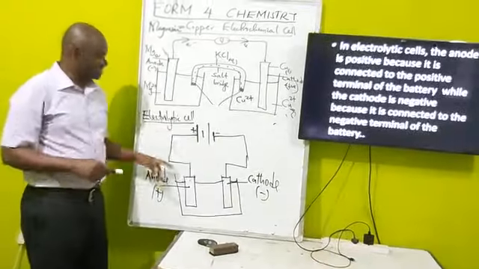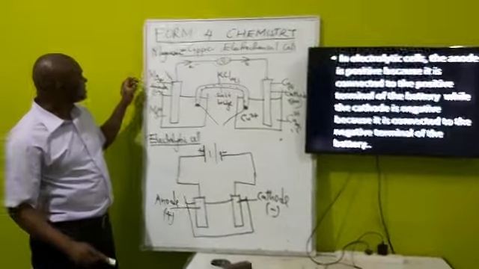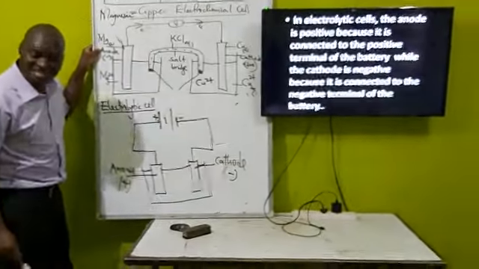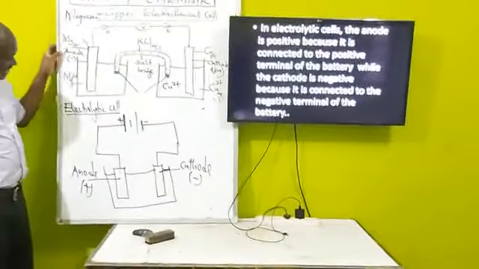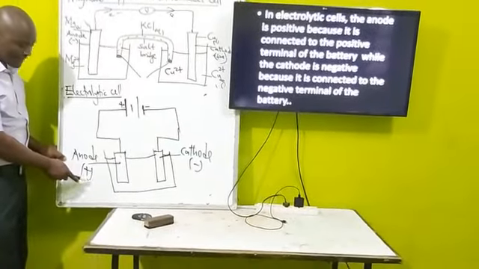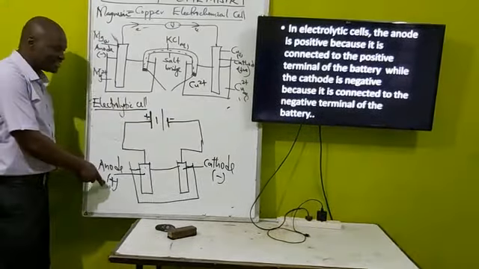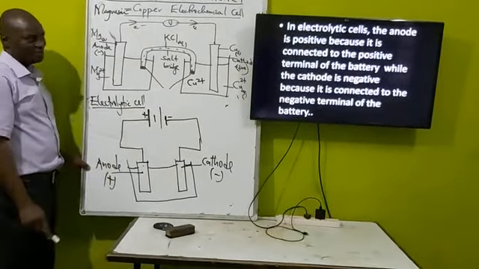Now let us compare it with the electrochemical cell. In the electrochemical cell, the anode is negative. In the electrolytic cell, the anode is positive because it is connected to the positive terminal.